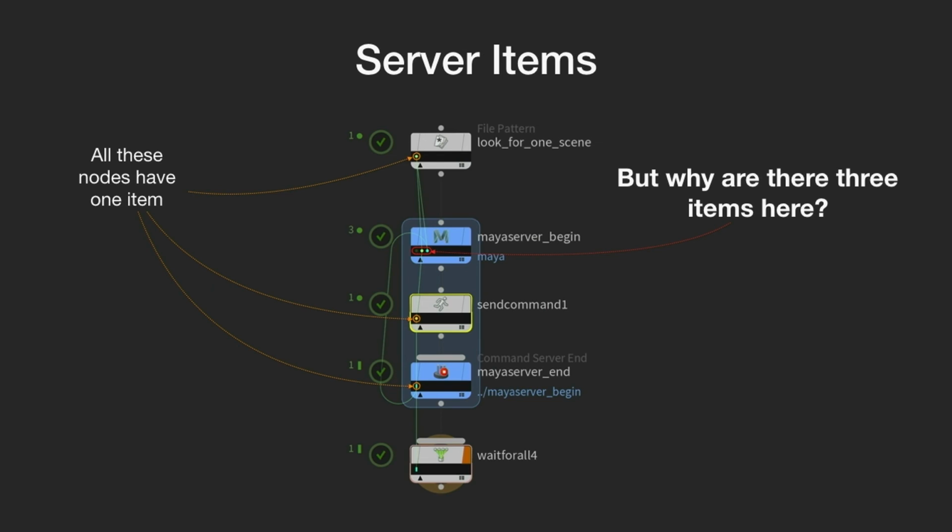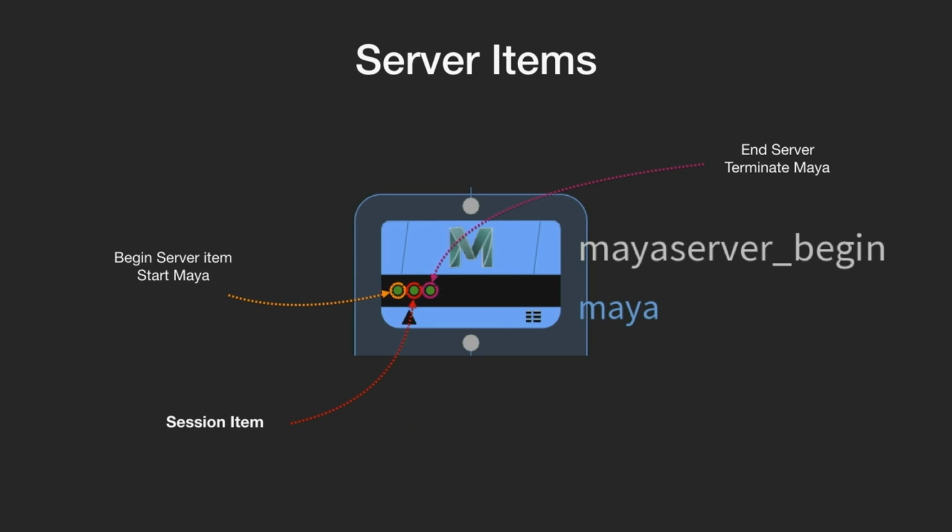Right, so server items. If we cook a PDG network for just one item, there is one item throughout the network, but on the Maya server begin, there are actually 3 items. And why is that? So what's happening there is that we have a begin server item that actually fires up Maya. Then we have a session item that has all the command sends, all the work is done in the session item, and then end server is terminating Maya.